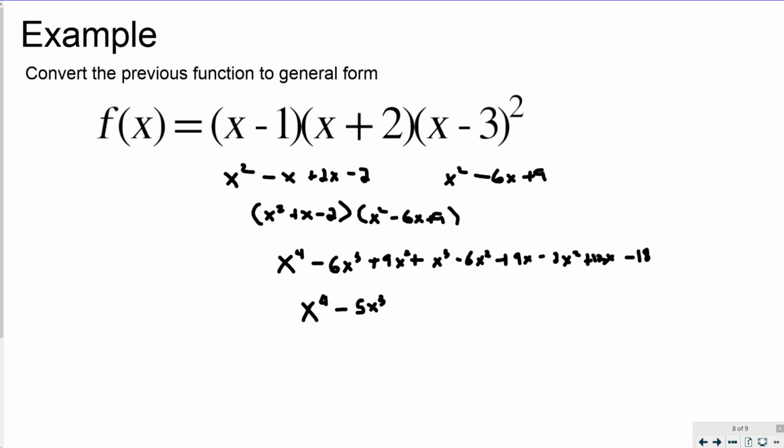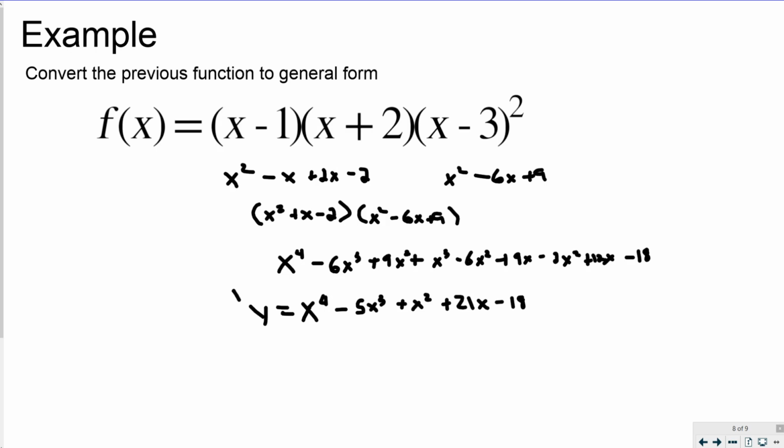I've got a 9x squared minus a 6x squared minus a 2x squared. So 9 minus 6 is 3x squared. Take away another 2x squared is just a single x squared. And then I've got no more linears except a 9x and a 12x to be 21x. And then minus 18. So that would be how I could convert it to general form.